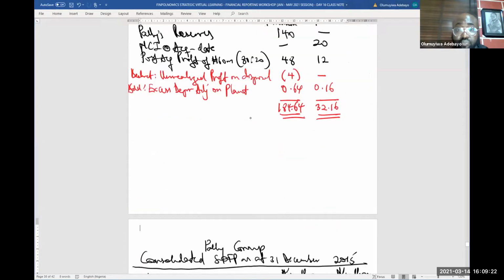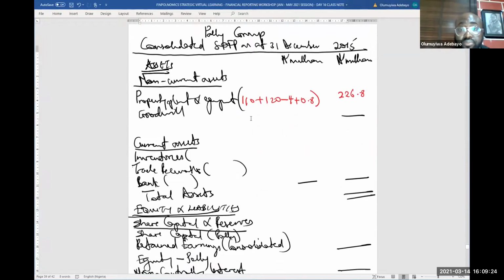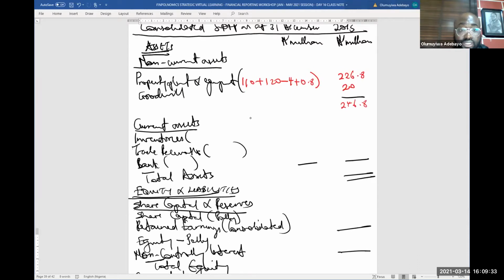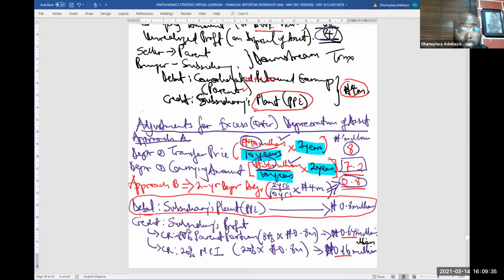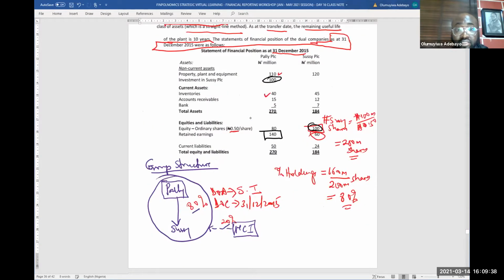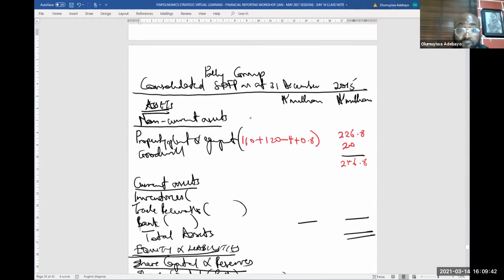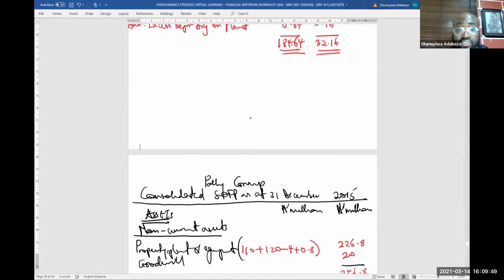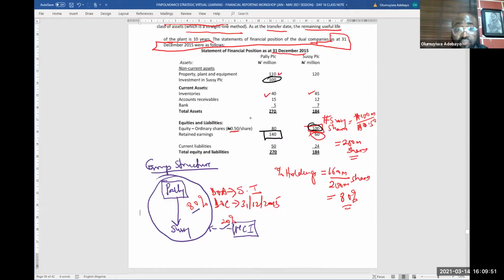20, to 246.8. What's our inventory? 40, 45, that's 85. What's our trade receivable? 15, 12.